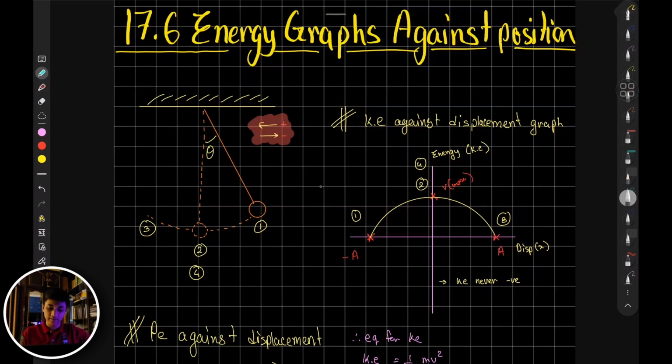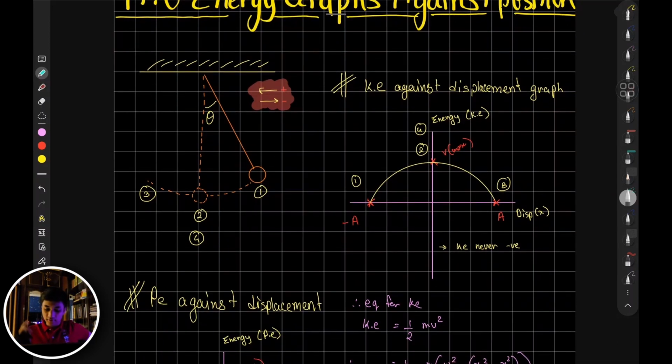So first of all, let's fix a key: on the right-hand side, we're going to take it as negative. On the left-hand side, we're going to take it as positive. Okay, great. Now, for kinetic energy against displacement, the first thing for position 1, it is displaced rightwards of the equilibrium, and it is at the maximum displacement, called the amplitude or x0.